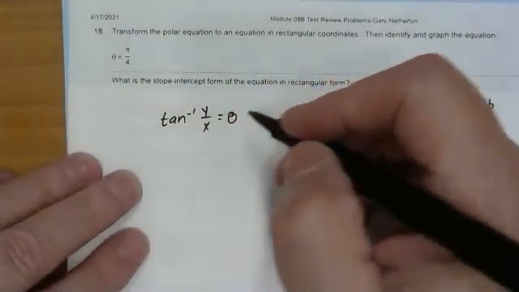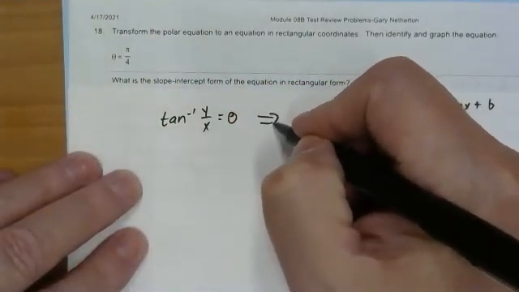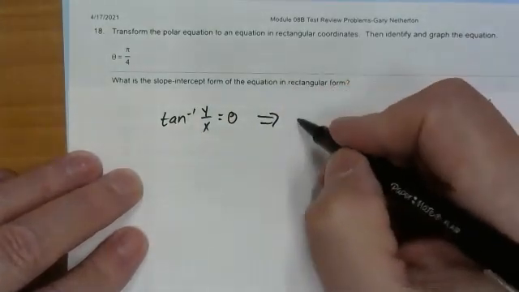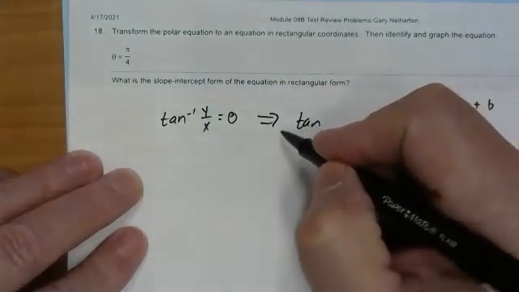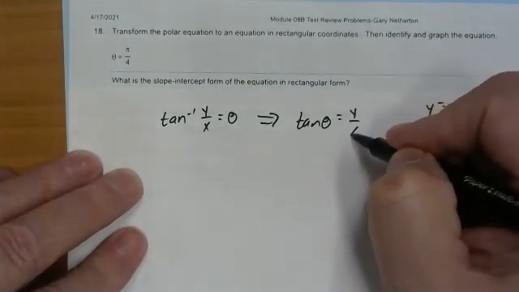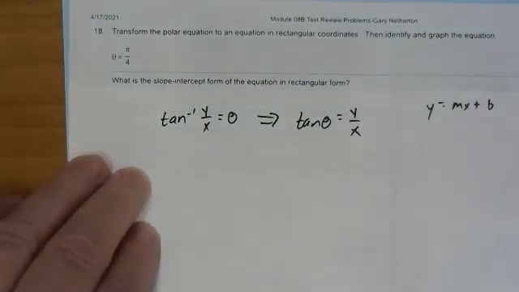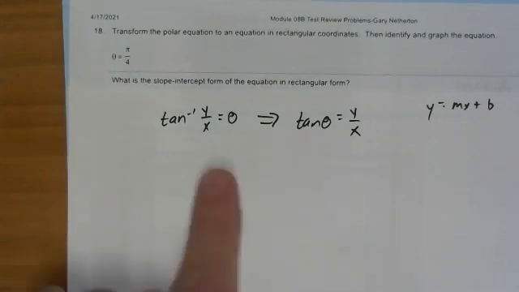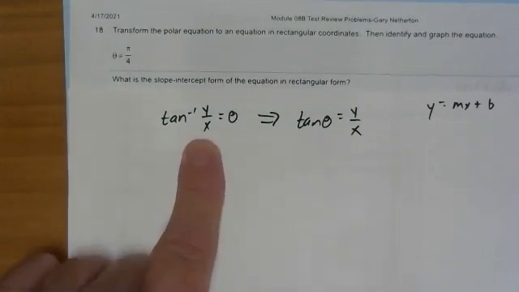Another way to write this, with the same exact meaning, is that the tangent of theta is y over x.